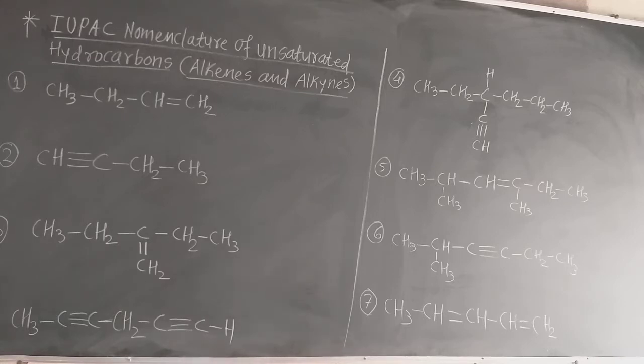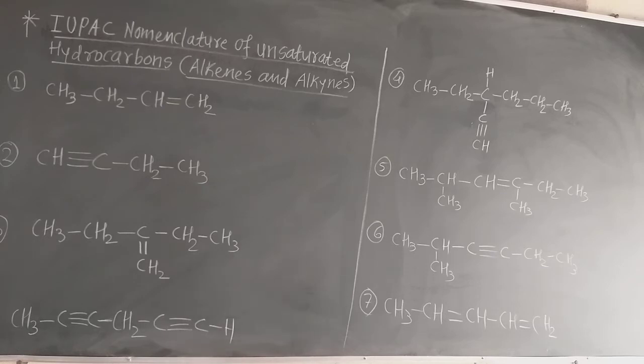But the numbering is done from that carbon atom in case of alkene and alkyne in which the carbon-carbon double or triple bond is nearest, that is, the lowest locant is near to the double or triple bond. It does not matter about the alkyl substituent.